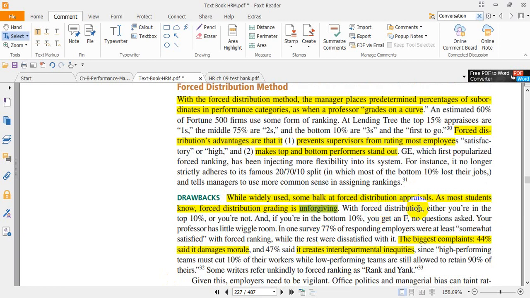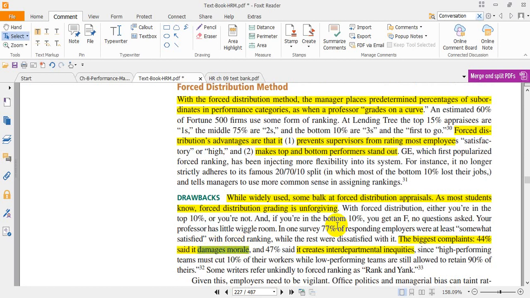With forced distribution, either you are in the top 10% or you are not, and if you are in the bottom 10%, you get an F. No questions asked. Your professor, this is an example.